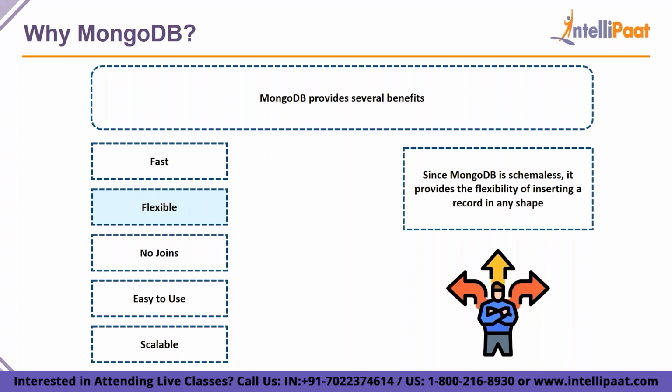So if you wish to insert some data inside your MongoDB of one shape, as in it has two data points, such as if you're trying to store a user, you can store their first name and last name, and in the next row you can store data that has neither first name nor last name, just the date of birth. It would be really inconsistent for your database to keep track of things like this, but you can do it.